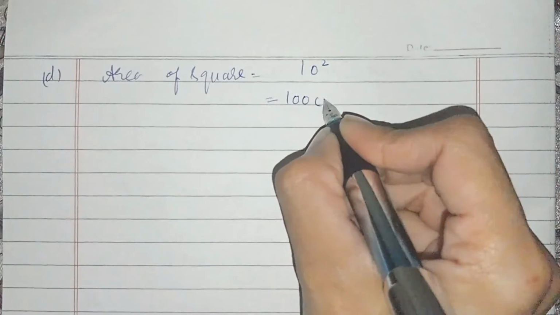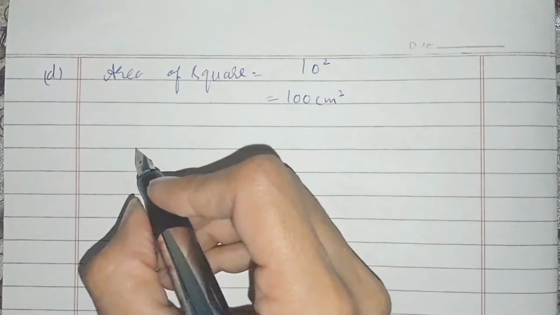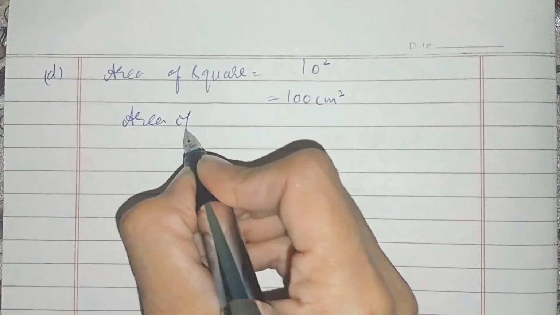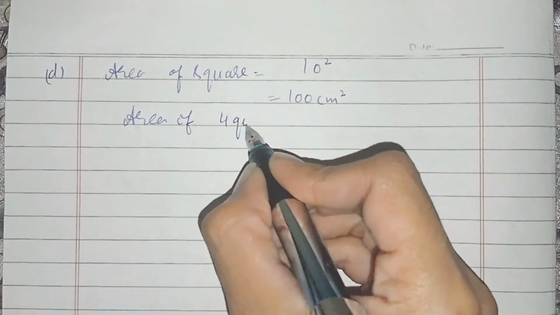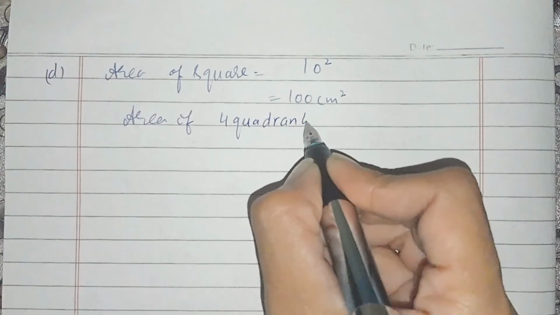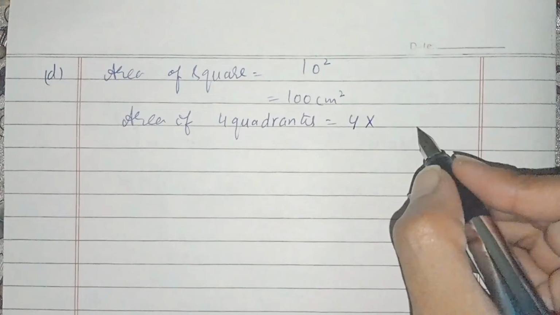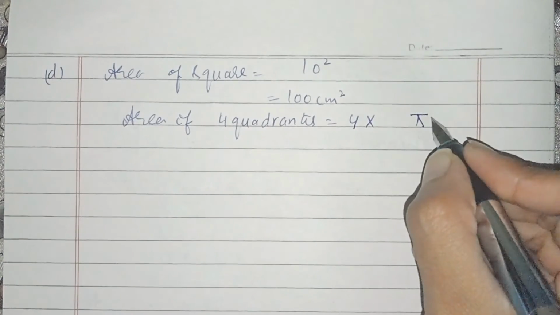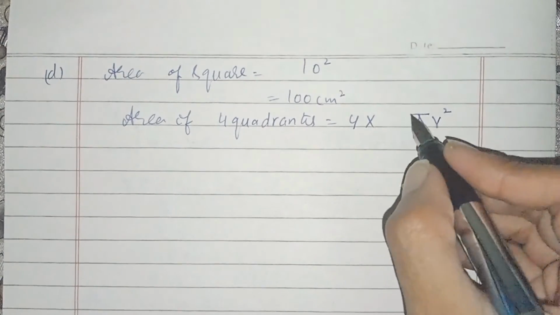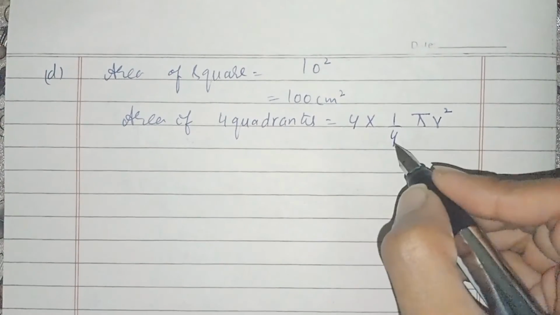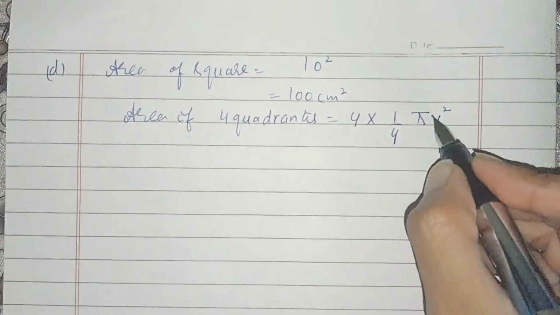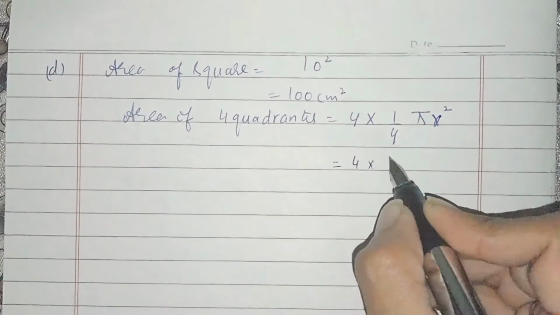Now in part number D, the area of the square is 10 squared, which is 100 centimeters squared, and the area of 4 quadrants is 4 multiplied by, you know that the area of a circle is pi r squared, and that is a quadrant, that's why it's divided by 4, and the value of r is 3.5.